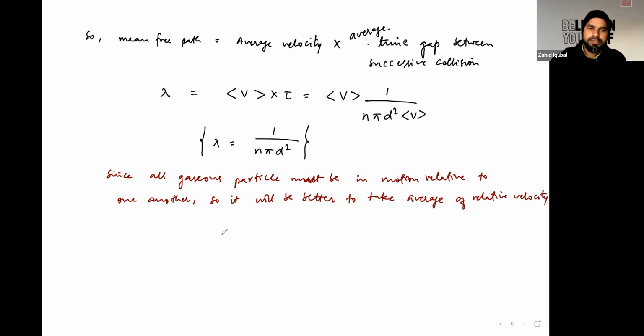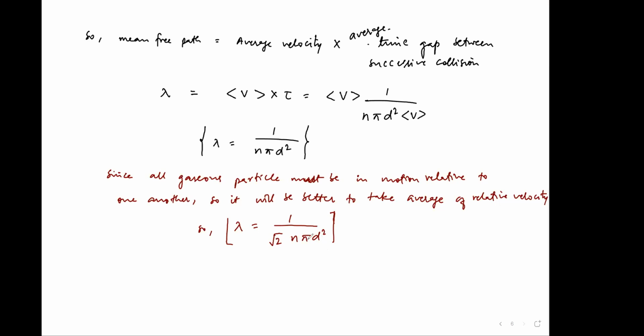So using this concept, mean free path now becomes 1 by root 2 n pi d squared. So this is your final expression of mean free path. Is it clear? Yes, sir.